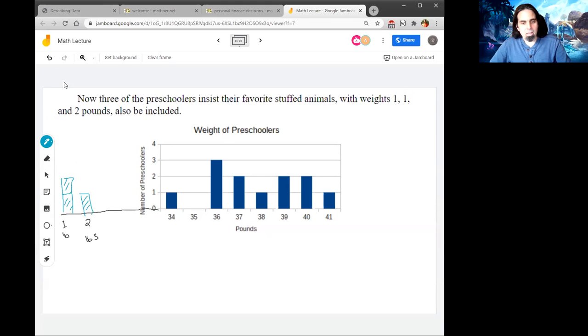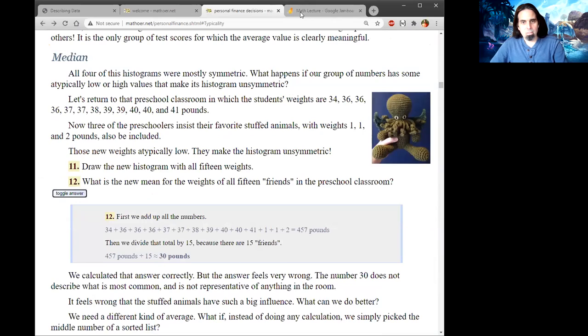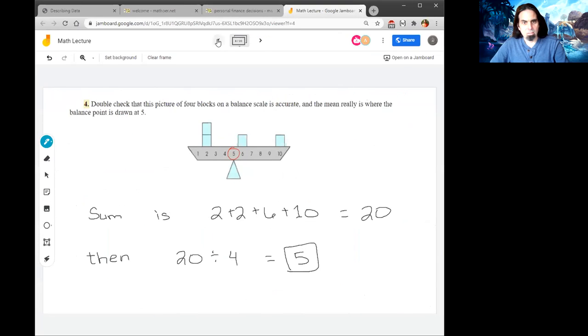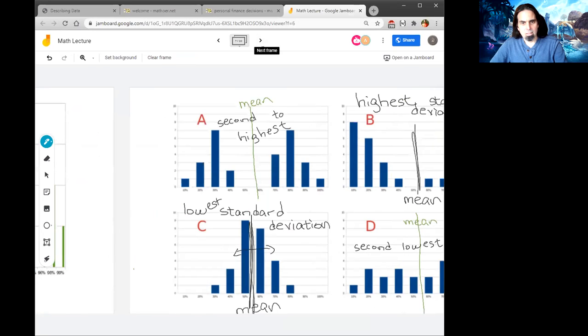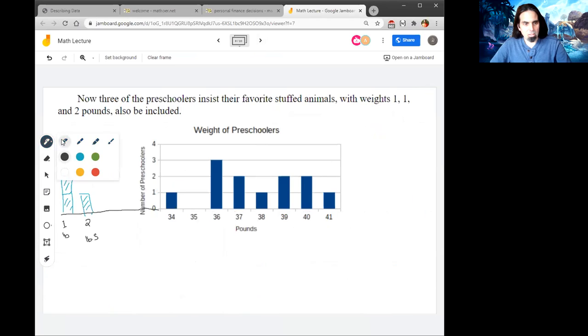What happens if you try and take the mean now? You're going to add everything up. It was 453. So we'll take the old sum, we're going to add the 4 pounds for the stuffed animals and get the 457 pounds.